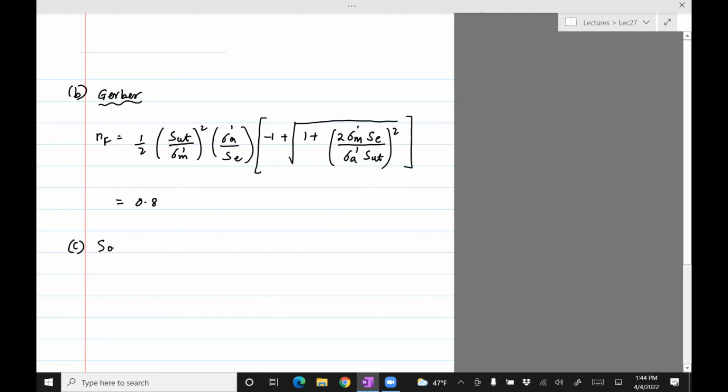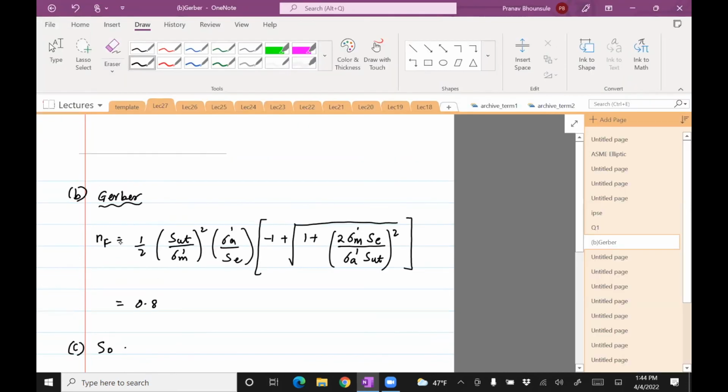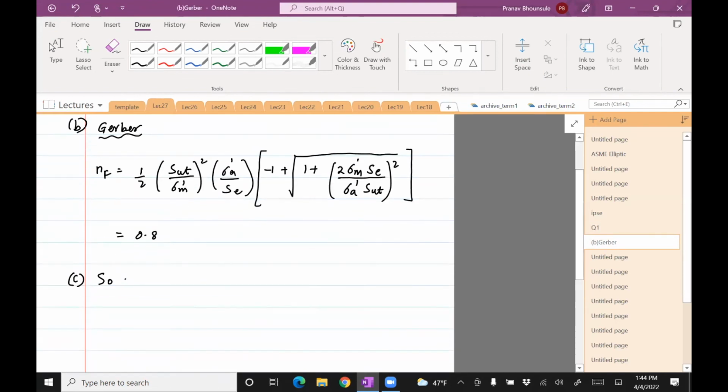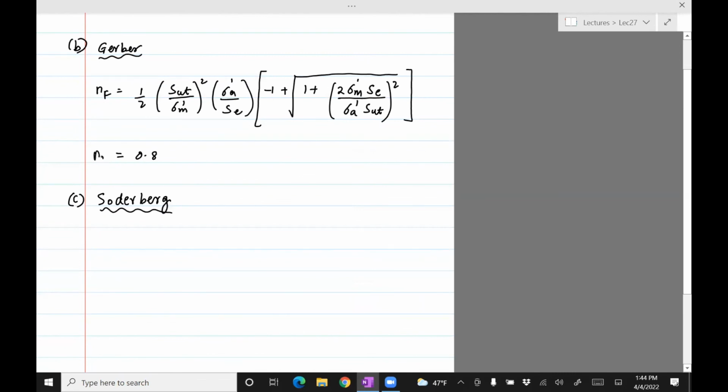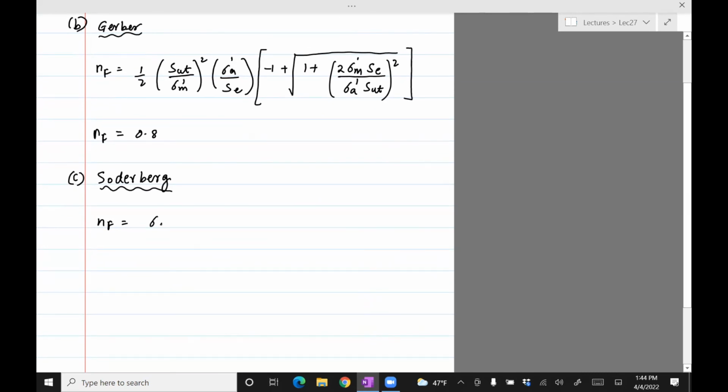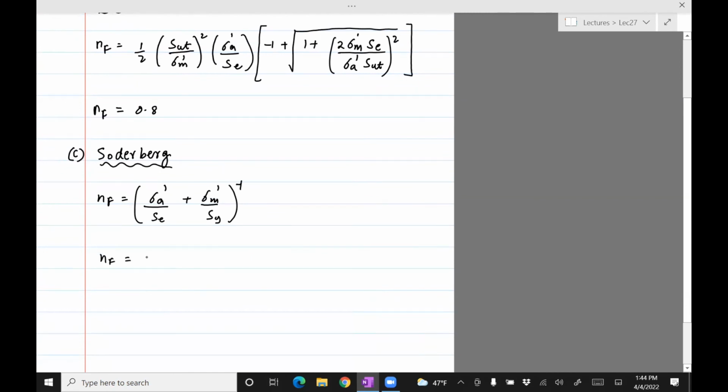Soderberg and ASME-Elliptic. Soderberg: sigma A prime divided by SE plus sigma M prime divided by SY. That works out to be 0.67.